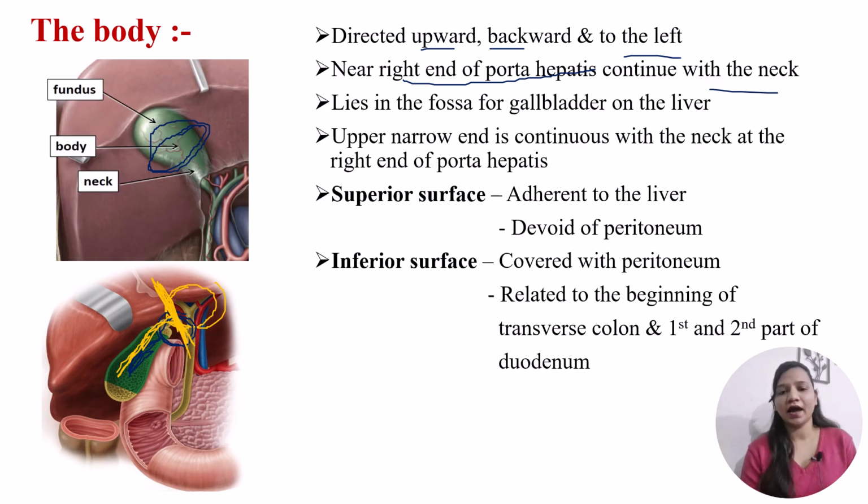And it lies in the fossa for gallbladder on the inferior surface of the liver, and the main part of the gallbladder which lies in that fossa is the body. The upper narrow end is continuous with the neck at the right end of the porta hepatis, as we have already discussed.